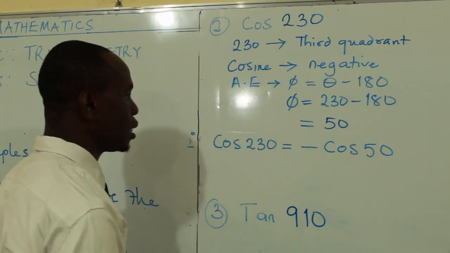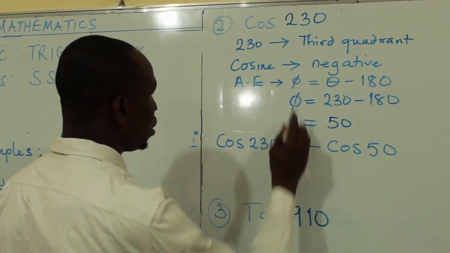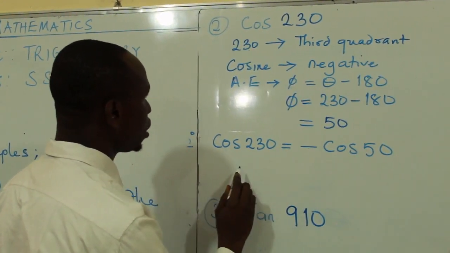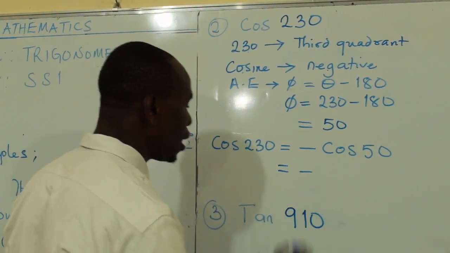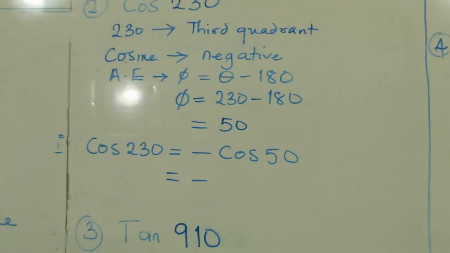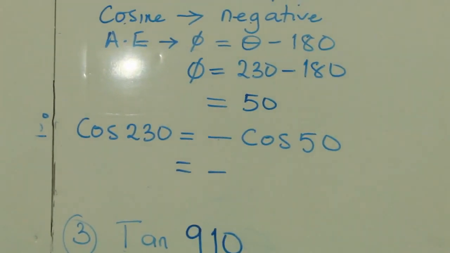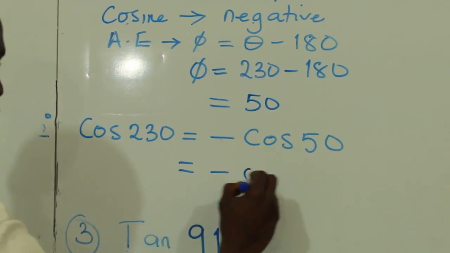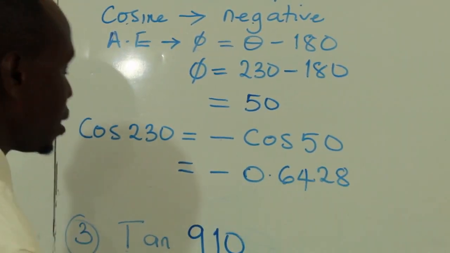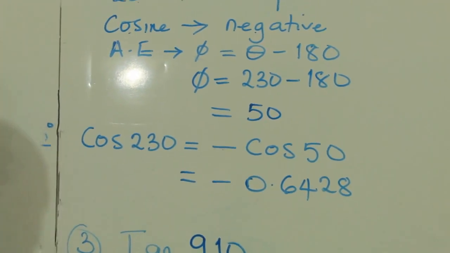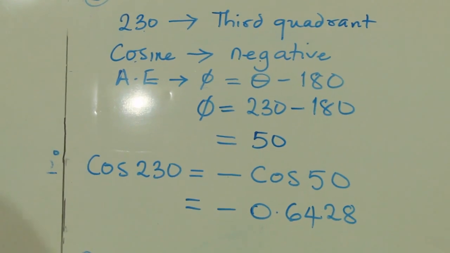Negative in the sense that 230 is in the third quadrant, and in that quadrant, cosine is negative. So we have our final answer to be minus 0.6428. That is if you check cosine 50 from a four-figure table.